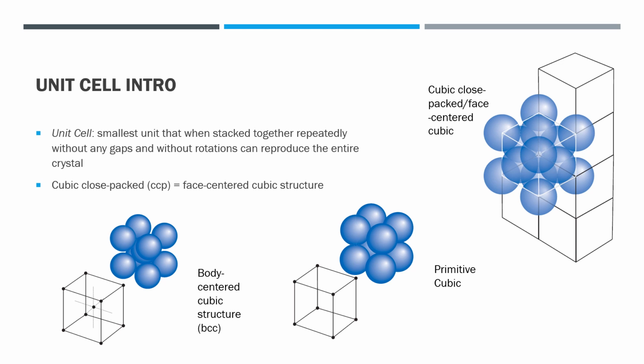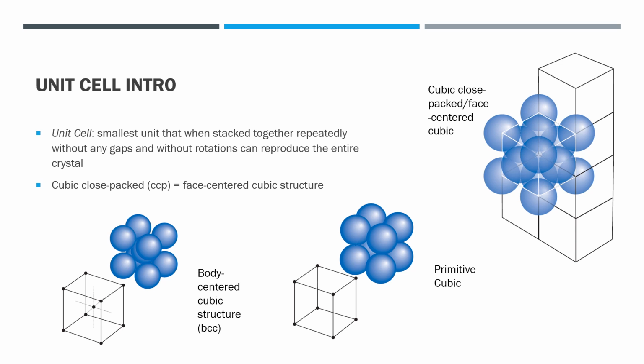That's called translation. We're not rotating it or doing anything fancy with it, and that's going to reproduce my entire crystal. I'm just copying and pasting it and moving it over. So that's what the unit cell really is: the simplest thing I can look at that tells me the structure of the entire crystal.